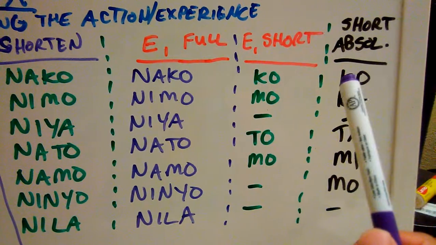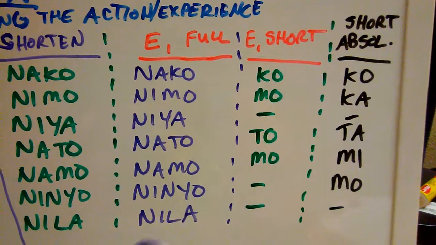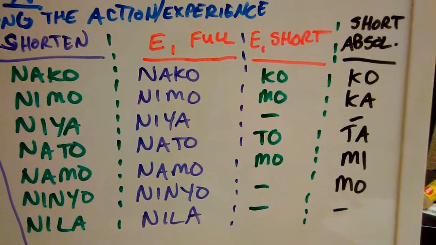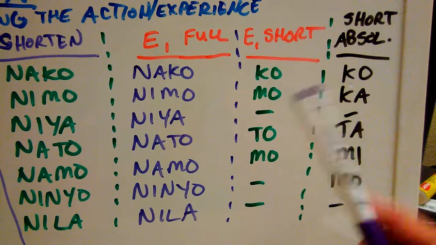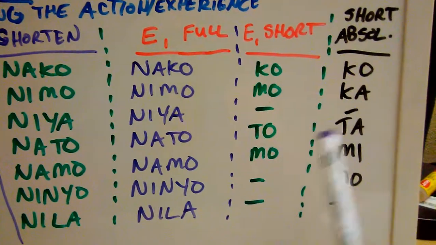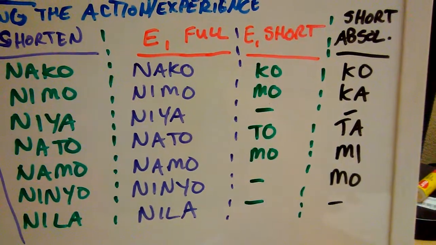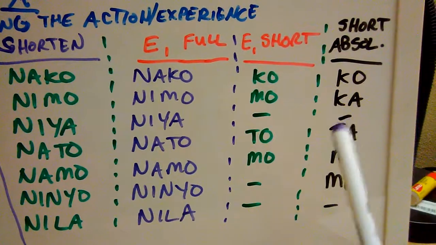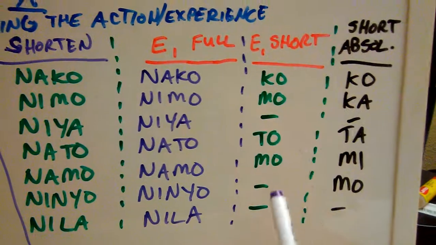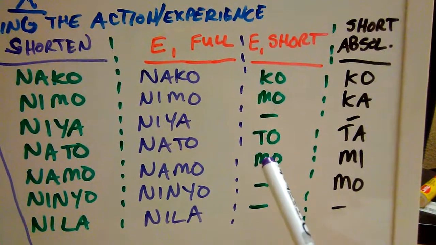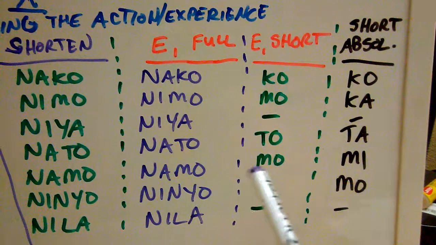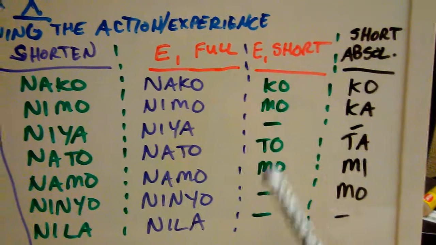They're both the short forms of those cases, but you need to understand which pronoun is in what case. Everything else is pretty much okay. But mo and mo again have the same forms, right? Nimo and namo have the same forms in the ergative short.